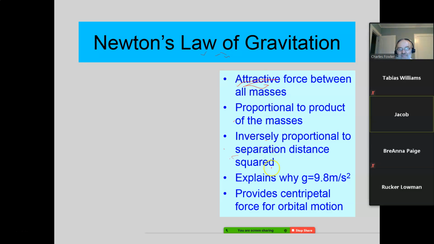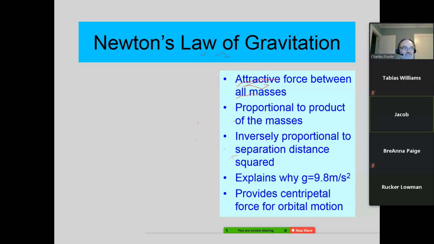Never repulsive. Later, when we talk about electricity, sometimes it's repulsive, sometimes it's attractive. When we talk about magnets, sometimes it's repulsive, sometimes it's attractive. Gravity, always, always attractive. Between all masses. Now, sometimes we don't notice that.